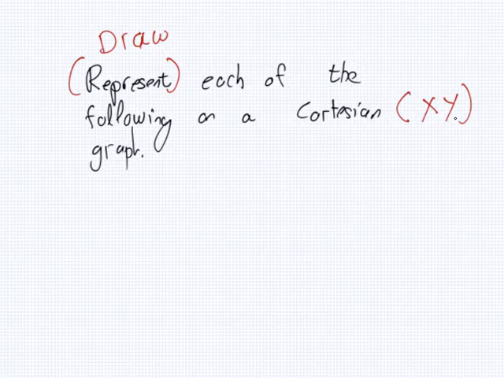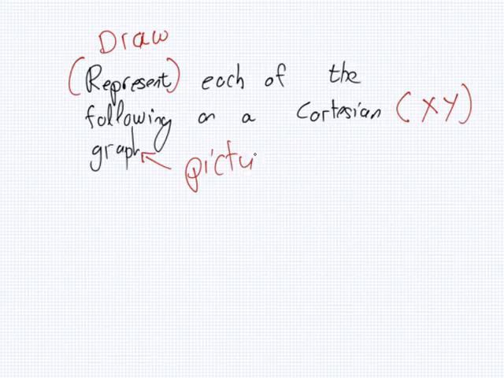Okay, so the first one is 4, 8. So what's the 4 called? X coordinate. Yeah. And this one here is the Y. 1, 2, 3, 4.